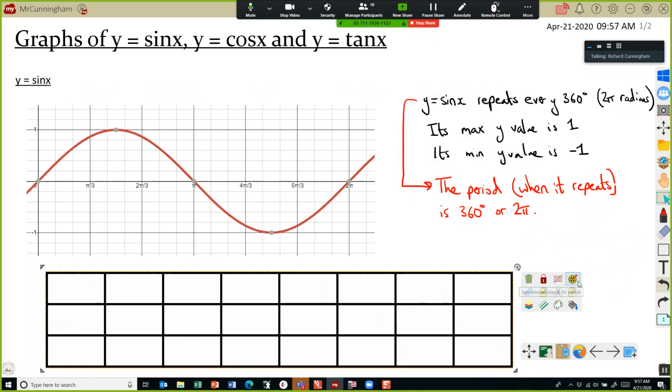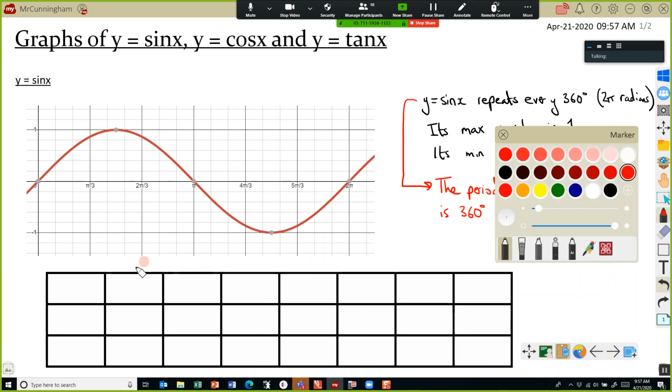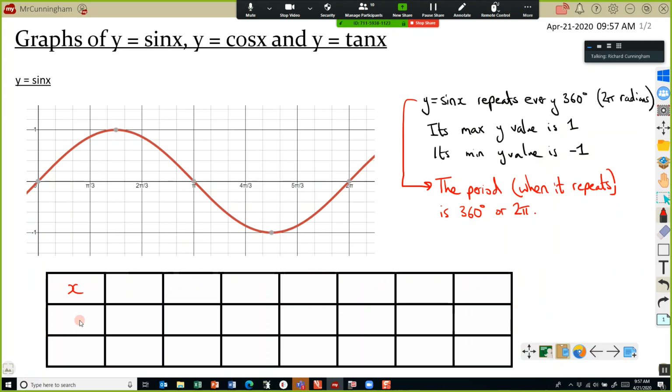In my table, I'm going to put x in degrees, x in radians, and y equals sine of x.